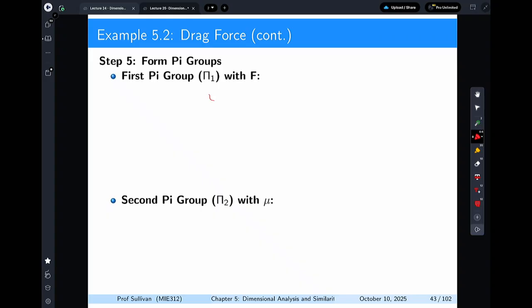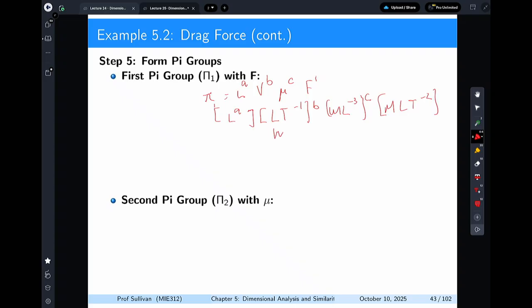So I have pi 1, which is equal to length to the power a, velocity to the power b, mu to the power c, and force to the power 1, which is going to be L^a, (LT^-1)^b, (ML^-3)^c, MLT^-2.